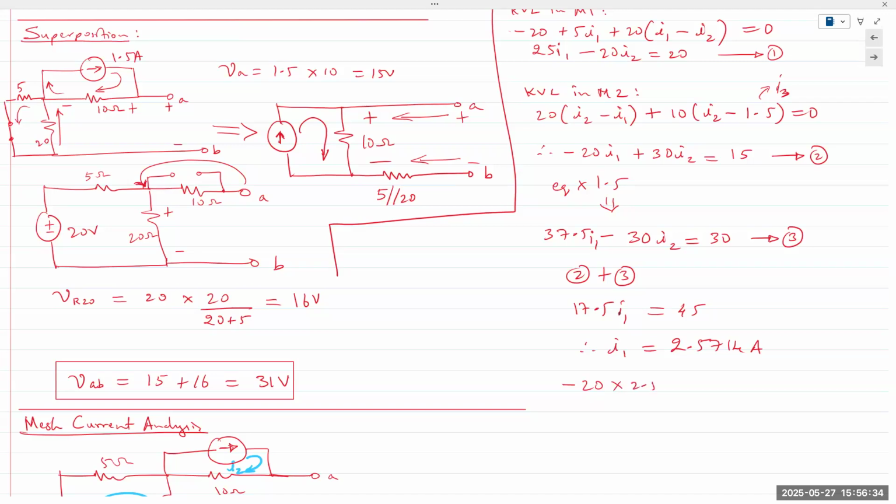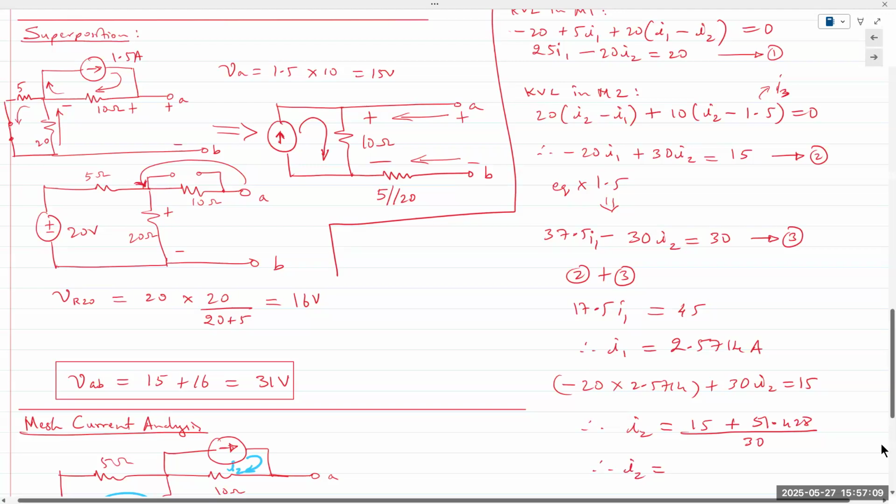Minus 20 times 2.5714 plus 30 times I2 is equal to 15. Therefore, I2 is equal to 15 plus 20 times 2.5714, which is 51.428, divided by 30.